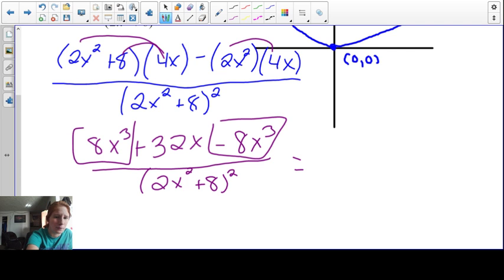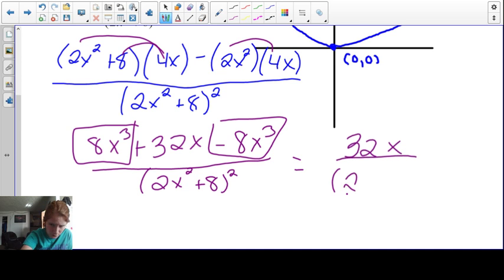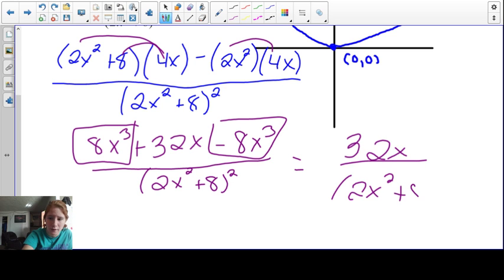My 8x cubes on top cancel each other out, so I'm just left with 32x over 2x squared plus 8 quantity squared.